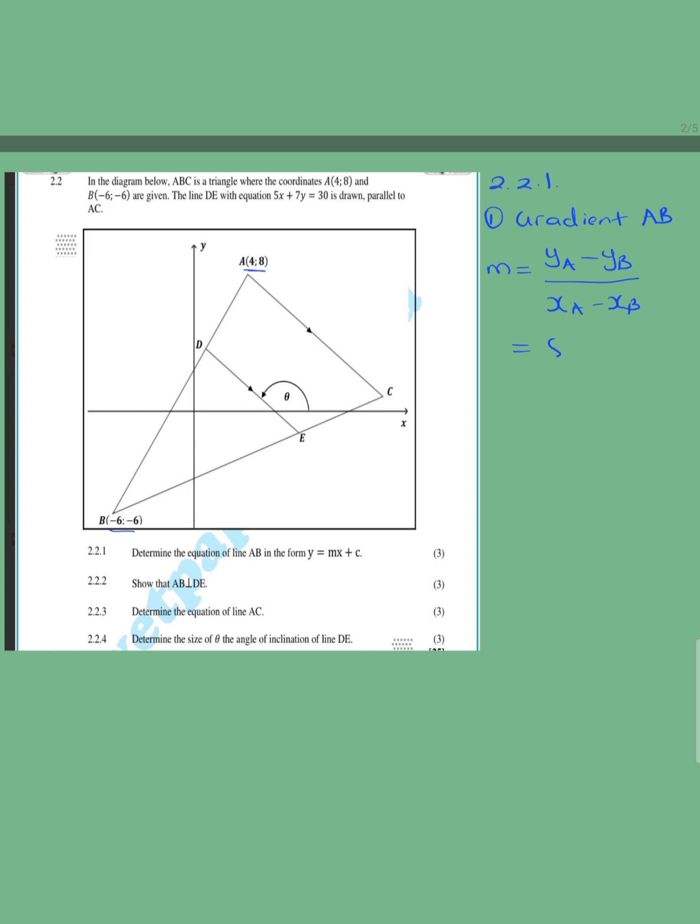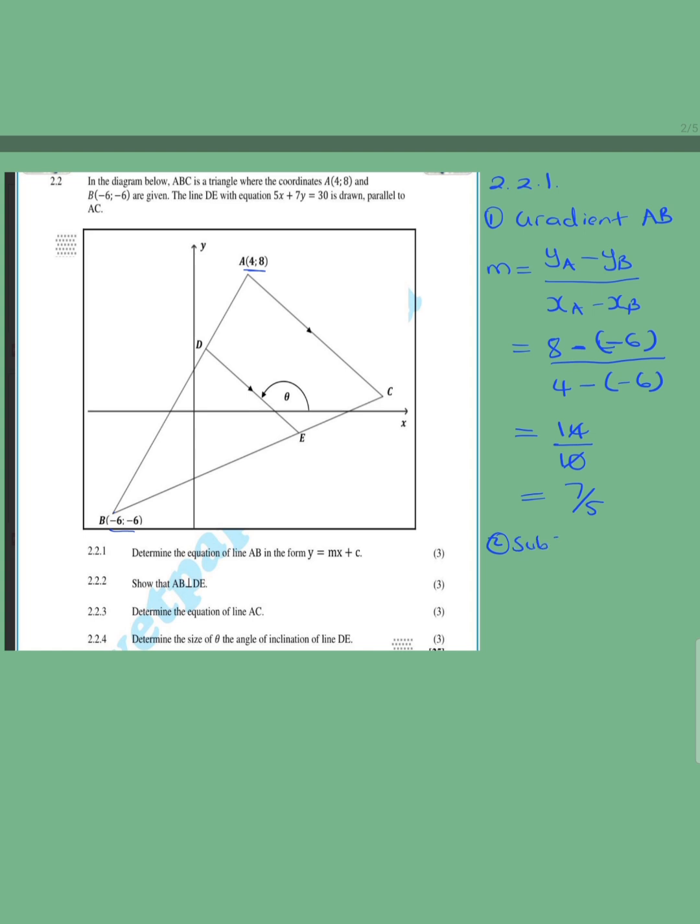Then ya is 8 minus yb is minus 6, over xa is 4 minus xb is minus 6. Still, I am going to have 14 over 10. Simplified gives you 7 over 5. So we have our gradient.